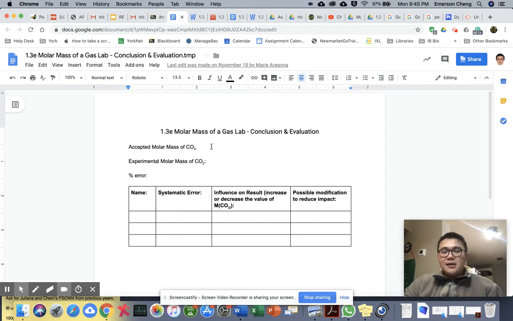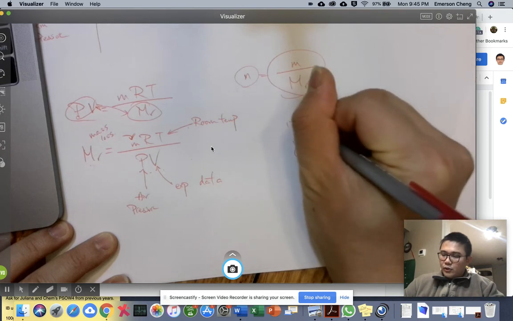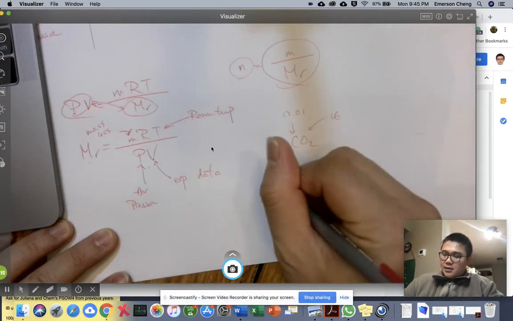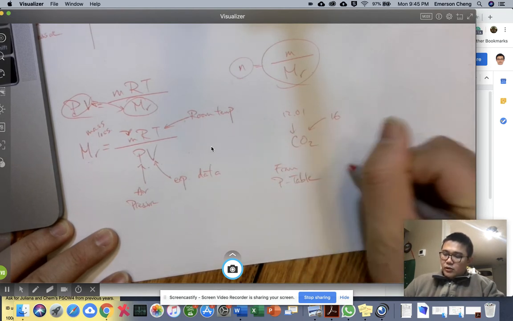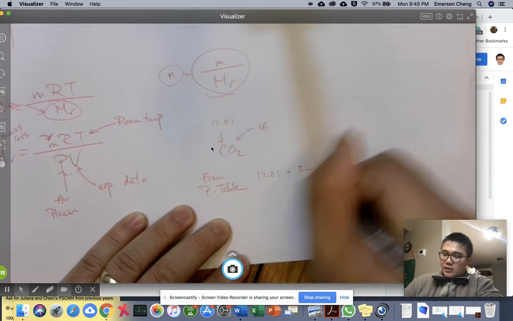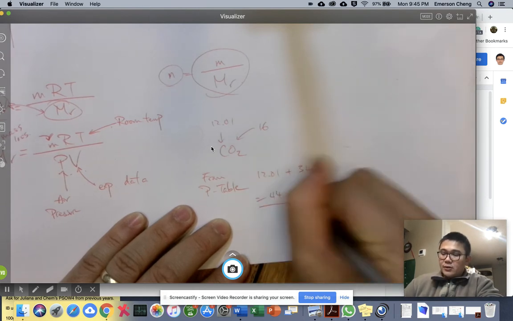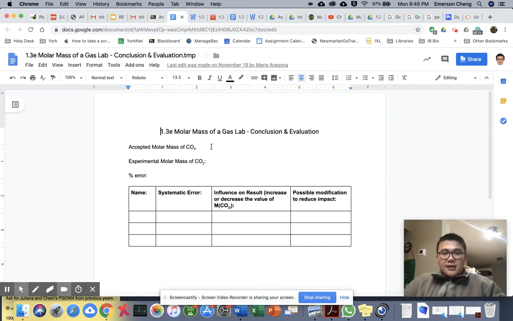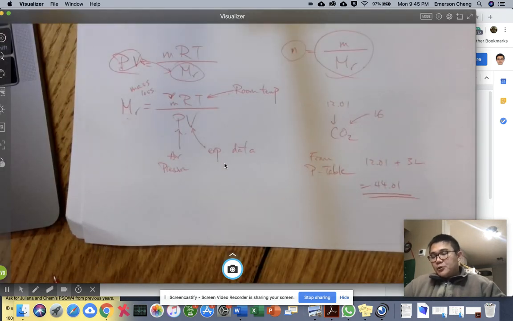The molar mass of CO2: from the periodic table, carbon is about 12.01 and oxygen is about 16, so 12.01 plus 32 gives you 44.01. Whatever you calculate experimentally based on this, you can find the percentage error.